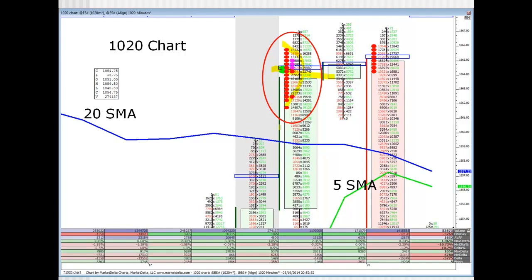But before I leave the footprint for this 10-20 minute period, I want to go down here and show you the imbalance that takes place when you get such a strong buyer. Take a look at how many green levels there are in this area, when the buyer was forcefully pushing the market higher, and it just zoomed very, very quickly through that area.